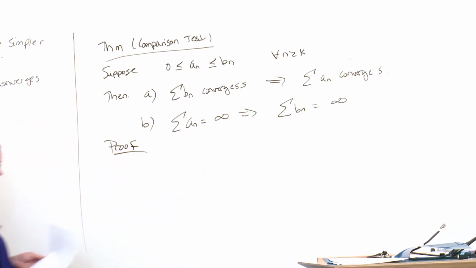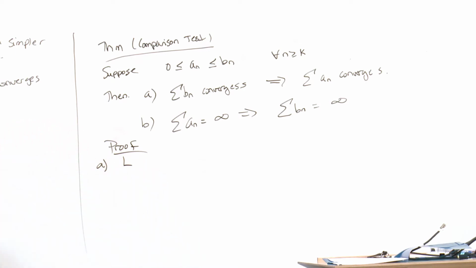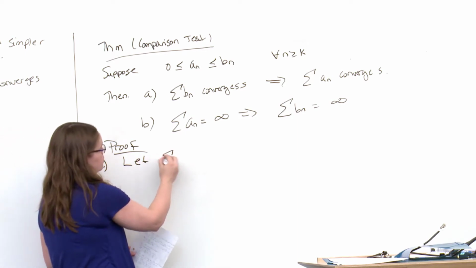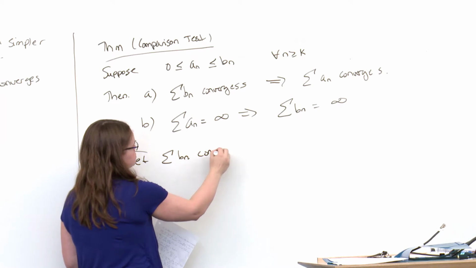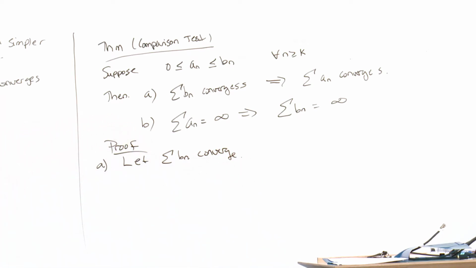So if we want to prove this, what are we going to say? Let's suppose, I'm going to do the proof of part A, let's suppose that the sum of b_n converges. Okay, we've got a series with positive terms, that means its partial sums are bounded.